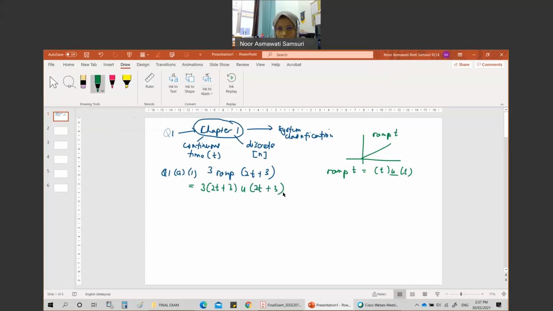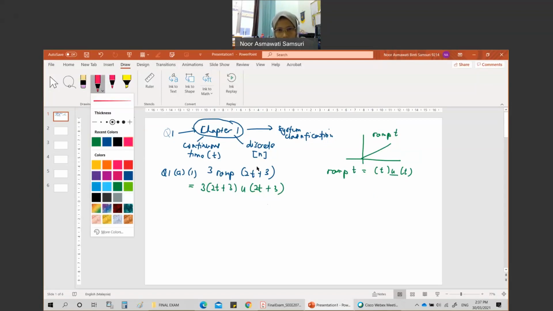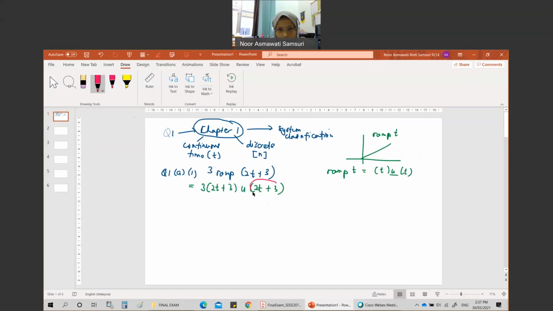Okay, so how to sketch this? Remember, if you have more than one component inside the bracket, you may use method 3. Look at the component inside the bracket: you have more than one operation. You have the shifting, and then you have the scaling. Sometimes you may have more than 2; you can have inversion as well. Anything that happens inside the bracket is called time-based operation, and outside the bracket is the amplitude-based operation.